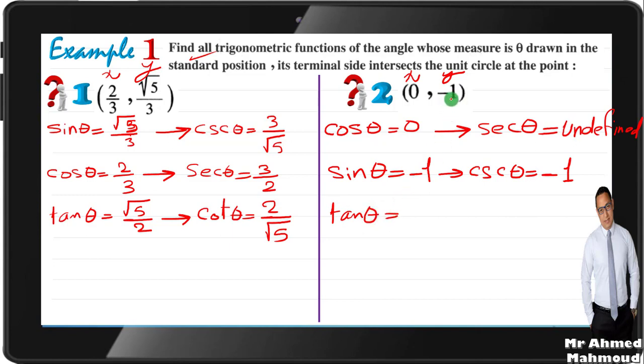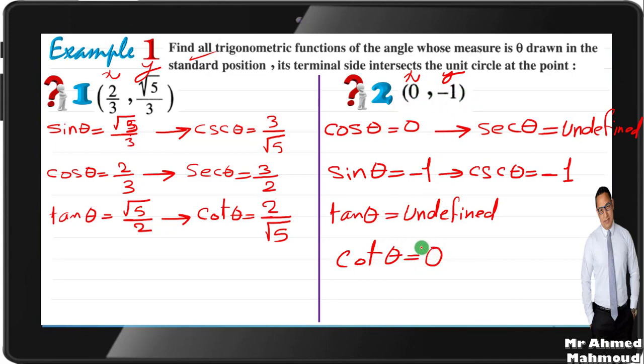Tan theta equals y over x. Again, y over x, negative 1 over 0, is undefined. And cotan theta equals x over y. Again, x over y, 0 over negative 1 equals 0.